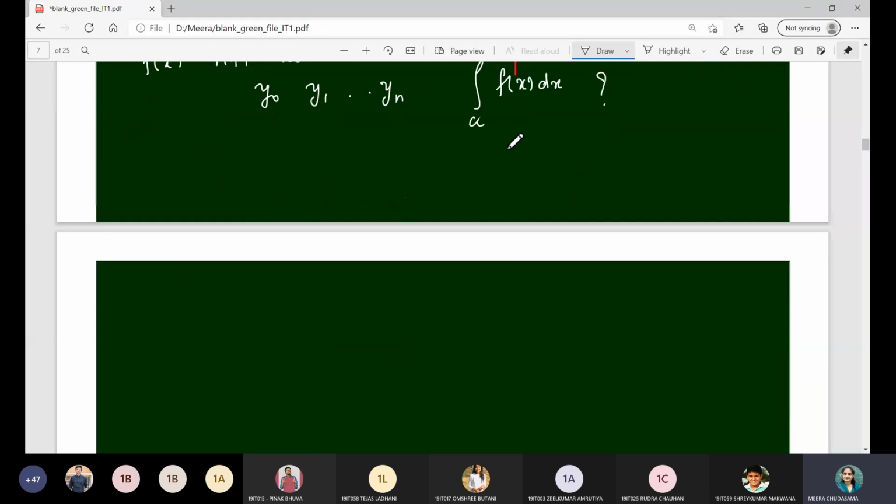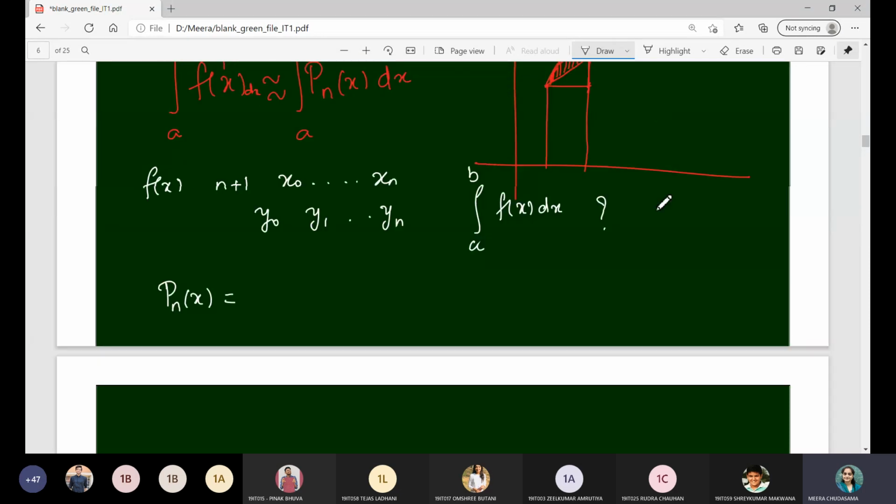So for that, I have to first consider Newton's forward interpolation formula. In that case, x0 is the initial point, x1 is nothing but x0 plus h, x2 is nothing but x0 plus 2h. In general, xn is x0 plus nh. This we have already considered, right?